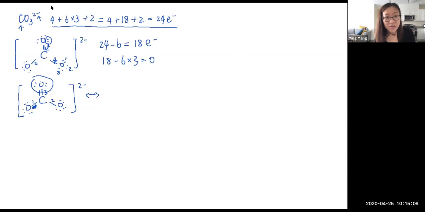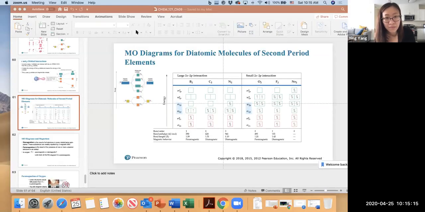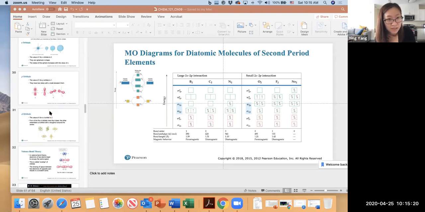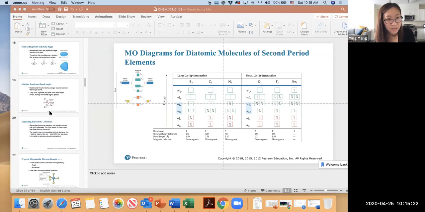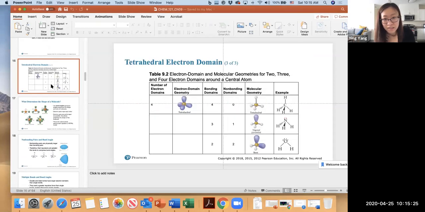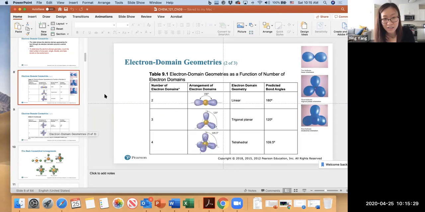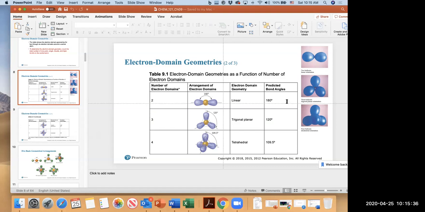So here you need to go to, let me share my desktop here. So you go to this table over here, not this one. This table summarizes, from the number of electron domains, how to figure out the domain geometry and then the bond angles.